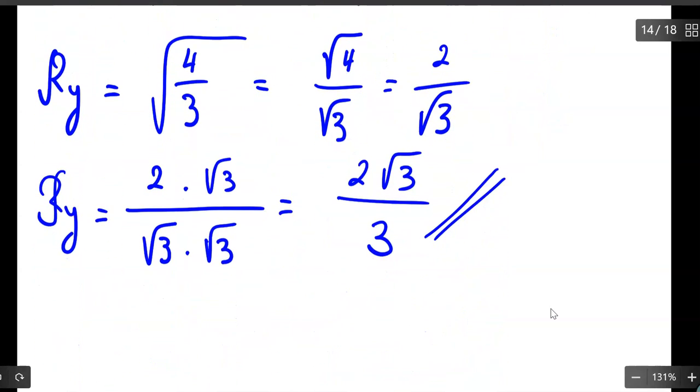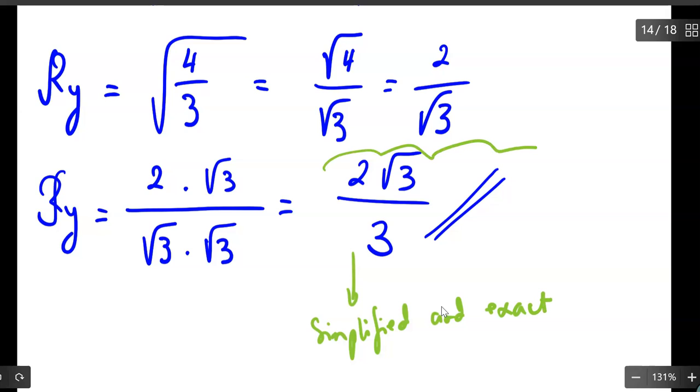Alright, so we answer all the questions that they asked us to find. Our Ry will be equal to 2 times root 3 over 3, which is the simplified and exact answer. So I want to emphasize that it's simplified and exact. Okay, exact means you must leave your answer as a fraction.